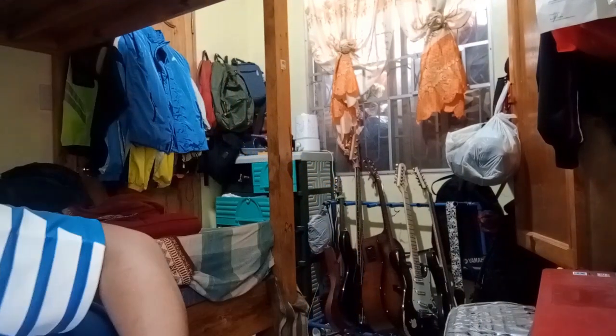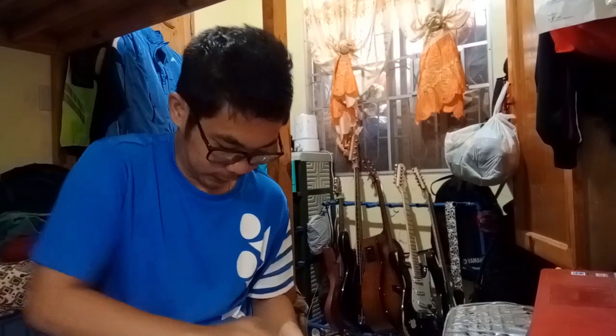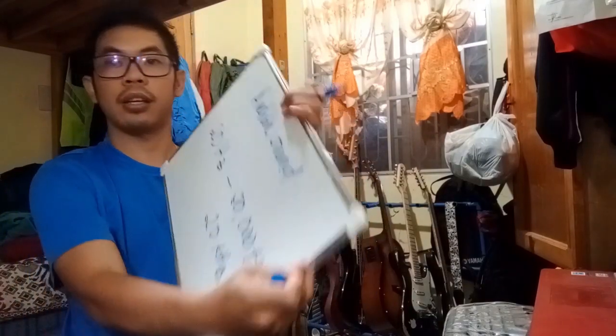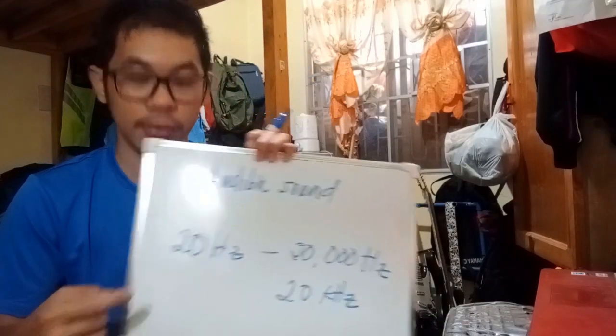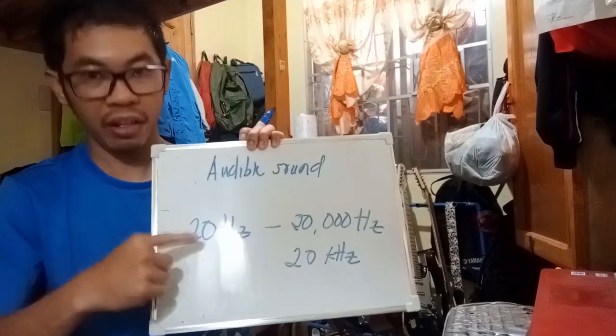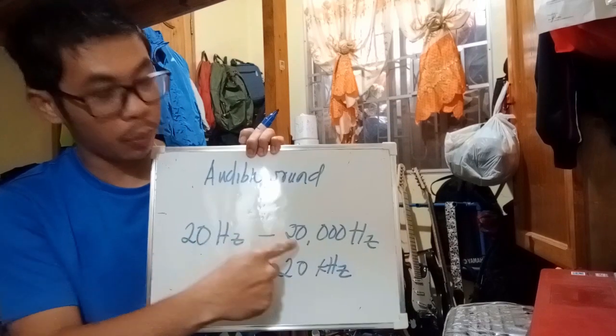For us to distinguish those different categories of sound, it's better for us to know first the audible sound. For the audible sound, we start hearing things from 20 Hz until 20,000 Hz.